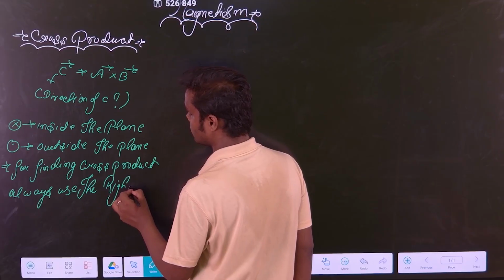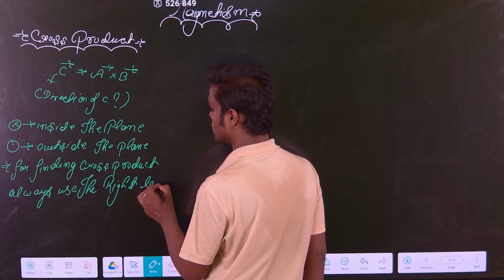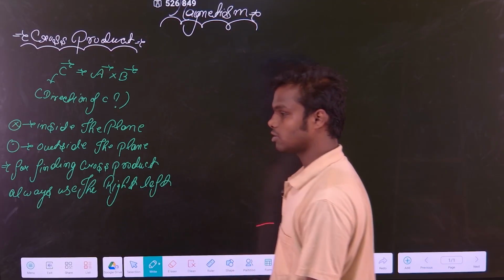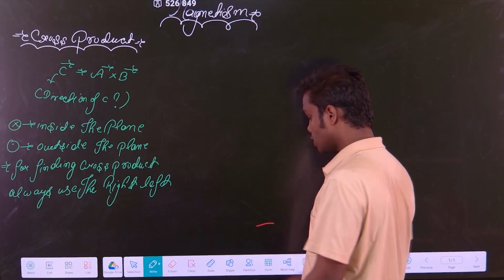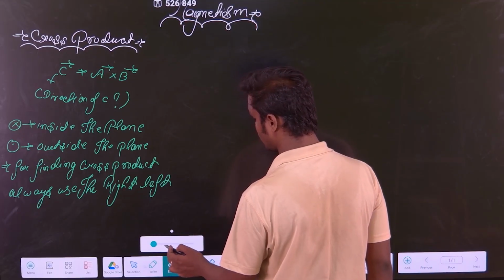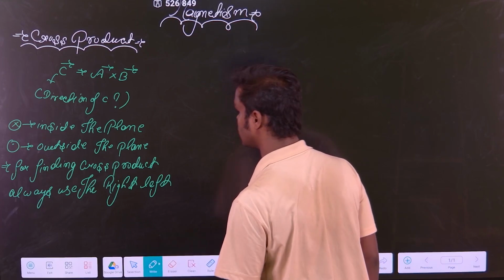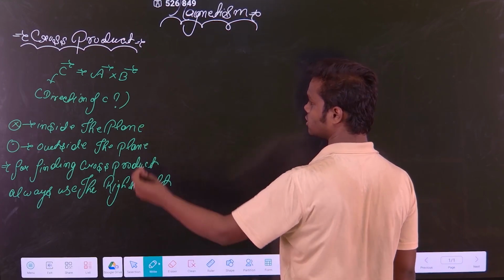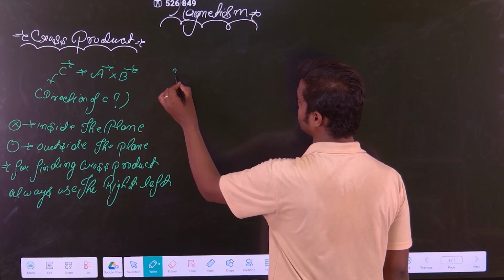Never use the left hand, because a lot of people get confused about which hand to use. Now let us learn with an example how to find the direction. Remember these points, by using these points only we will find the direction.